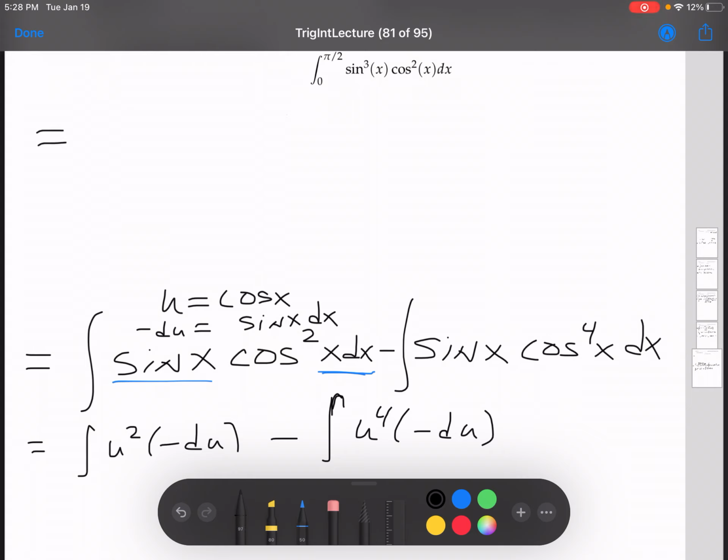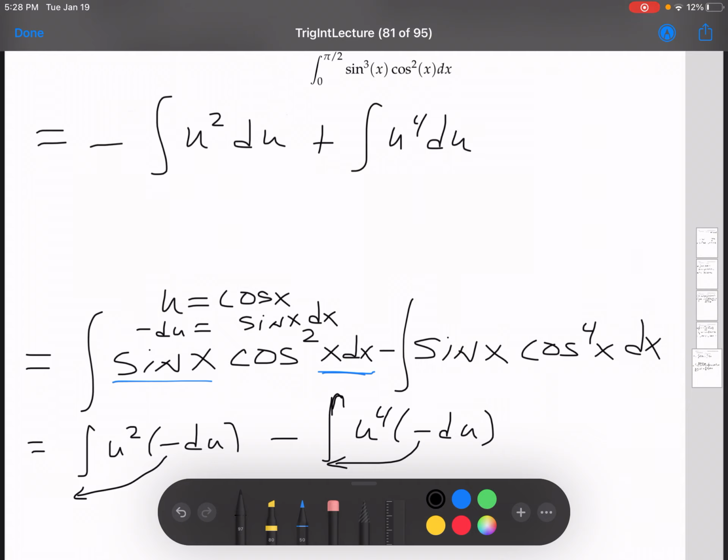Now continuing up here, that gives us a negative antiderivative of u squared du. So I just popped that negative out to the front. Popping this negative out to the front gives me a plus, because I already had a negative out there. So I'll rewrite this with u to the fourth du minus u squared du.